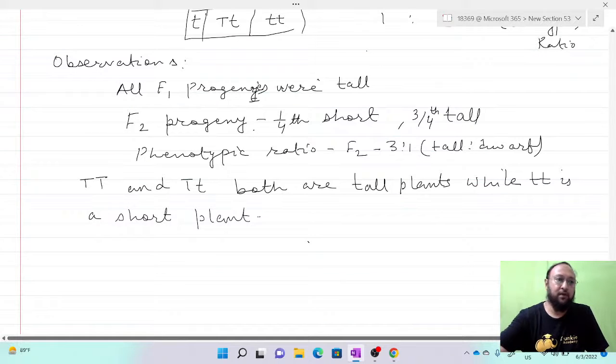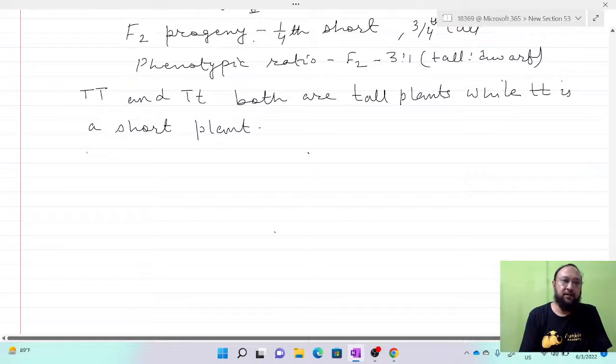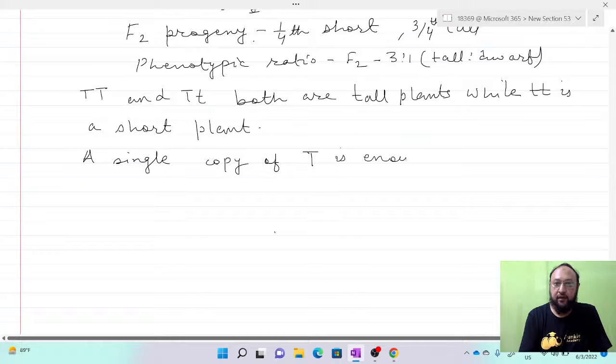Another conclusion he got is that a single copy of capital T is enough to make the plant tall.